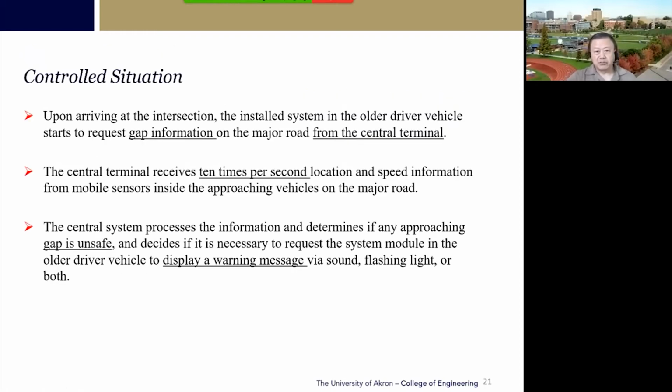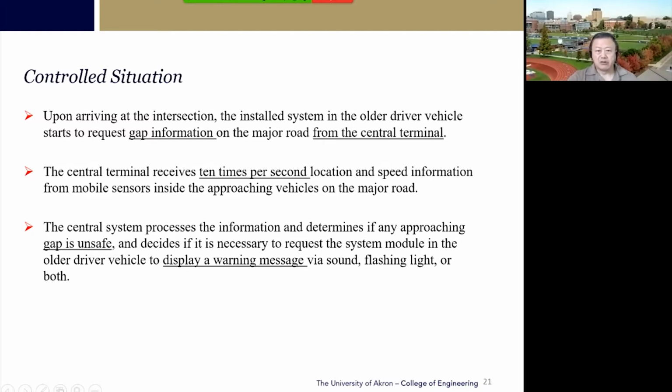In a controlled situation, this is how the whole system works. When the auto driver's vehicle pulls up to the minor road stop sign, before it gets close to that place, it requires information from the central system, the central terminal.